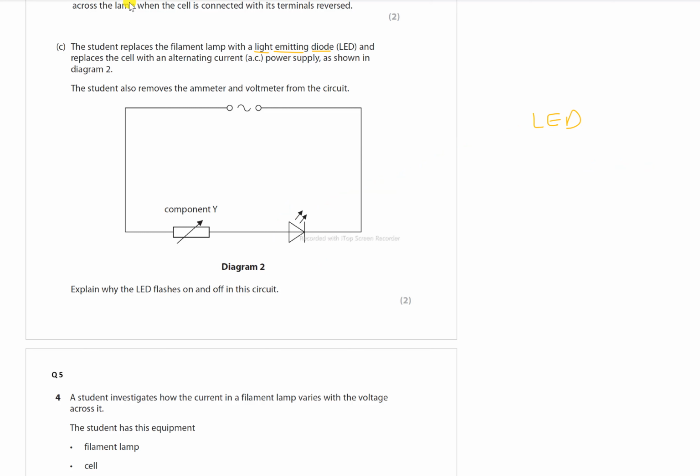Right. And replaces the cell with an alternating current. So a cell has direct current. It goes in one direction and it's steady.